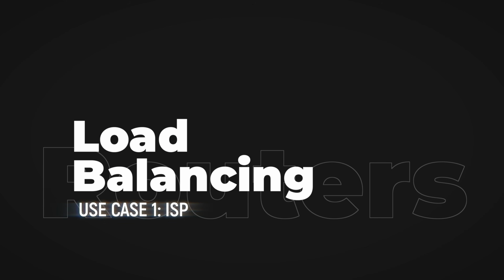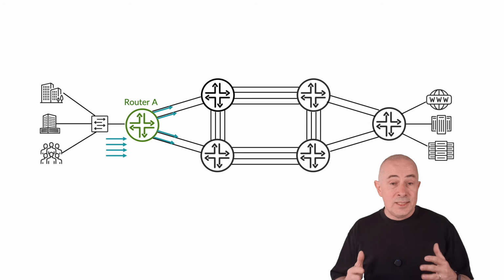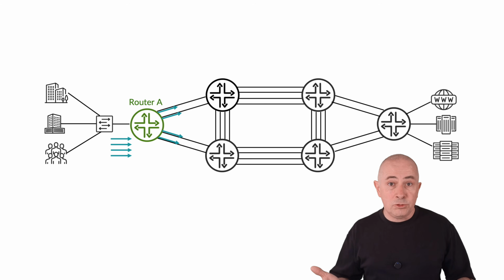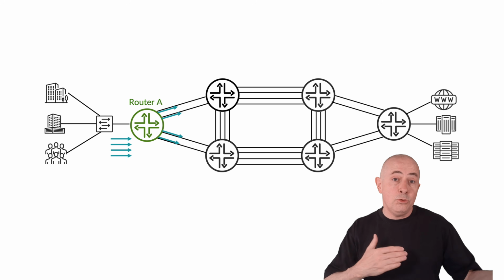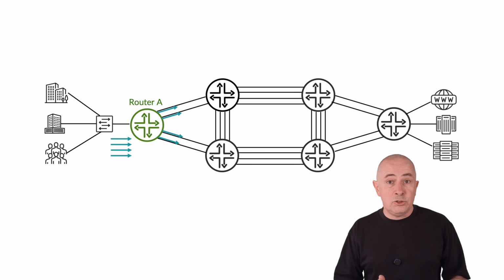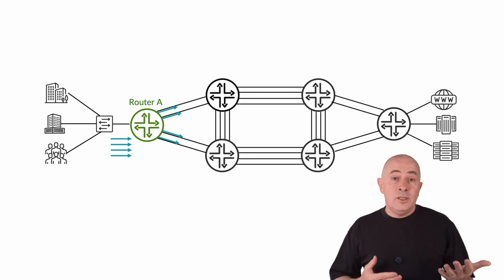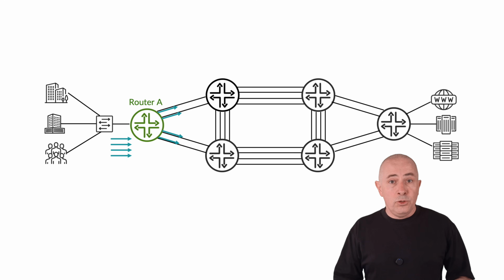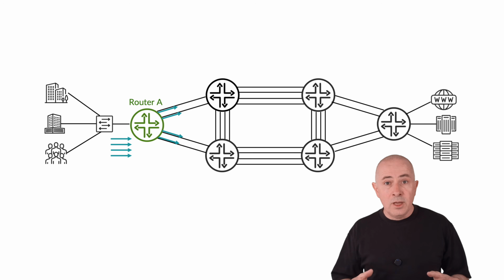So let's continue with the categorization of the different load balancing techniques, and we will map them to different use cases. Case number 1, a typical ISP. Here we have thousands of users, themselves generating dozens of streams towards services to or from the internet. Most of these streams are short-lived. So we deal with millions of flows with a lot of variety that will reflect in a lot of entropy from the hashing algorithm perspective.